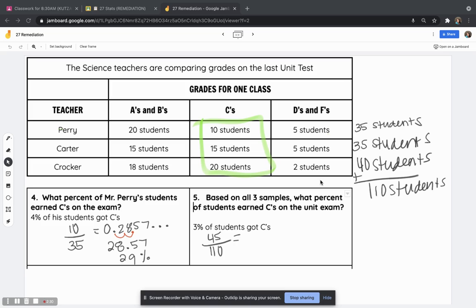So 45 divided by 110 is going to give you 0.409, and it's going to keep going on. So if I move that decimal 2 places to the right, it's going to give us 40.9. And I'm going to round that to about 41%. So about 41%.